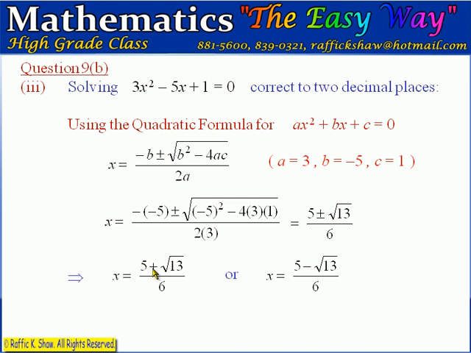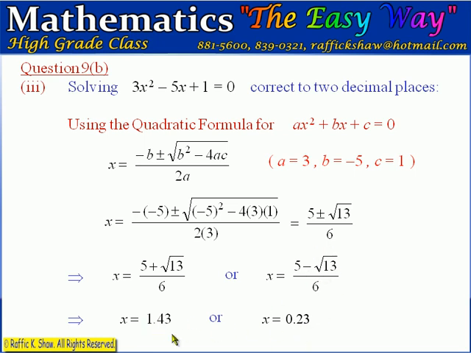x equals 5 plus square root of 13 divided by 6, or x equals 5 minus square root of 13 divided by 6. One value of x for the plus and one value of x with the minus. These are the two x values. And if you use a calculator to do this calculation, we end up with x equals 1.43 from here, or x equals 0.23 from here.